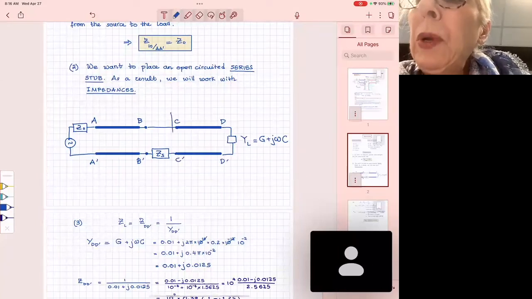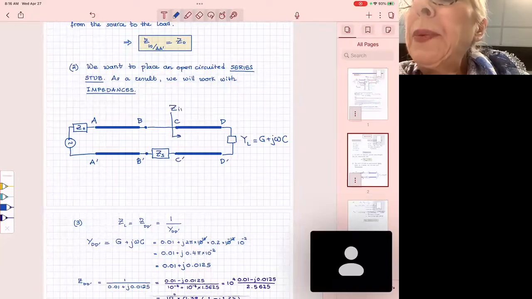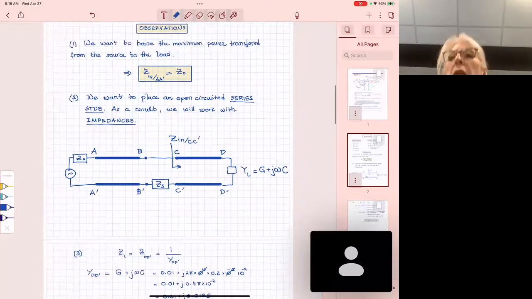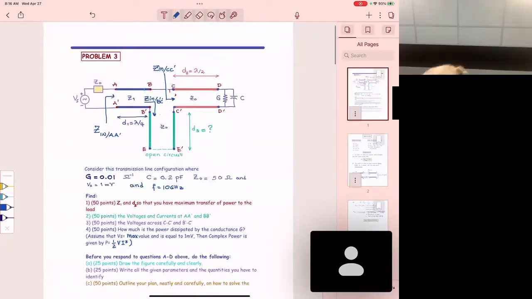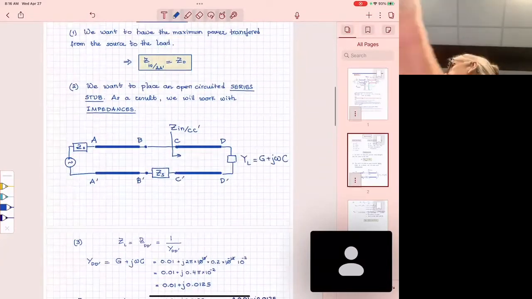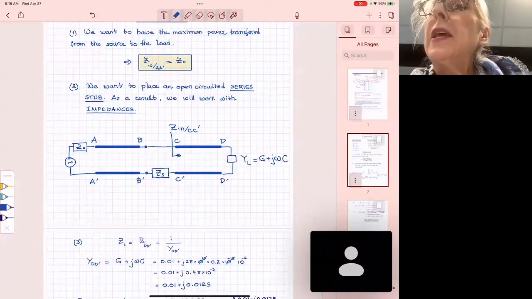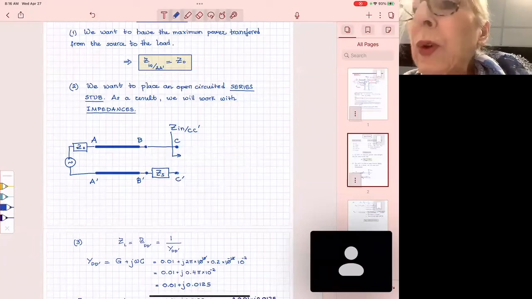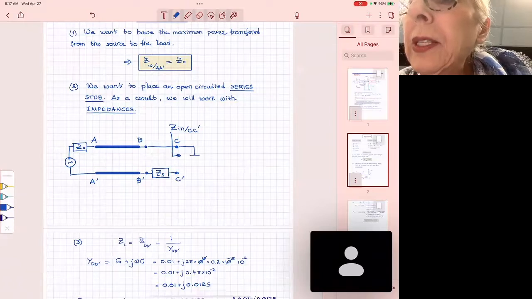So as I'm looking here, that's my Z input at C prime, that I have included up here, you see that? That means that at this point, as I'm looking towards the load, the only thing that I see is this Z input CC prime, which means that I could erase all of this. And what I would see here is this one, a Z input CC prime.